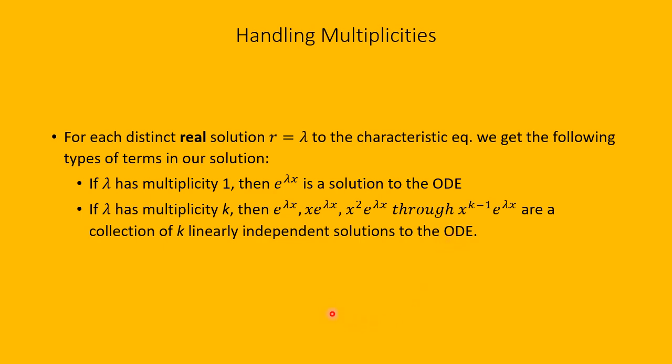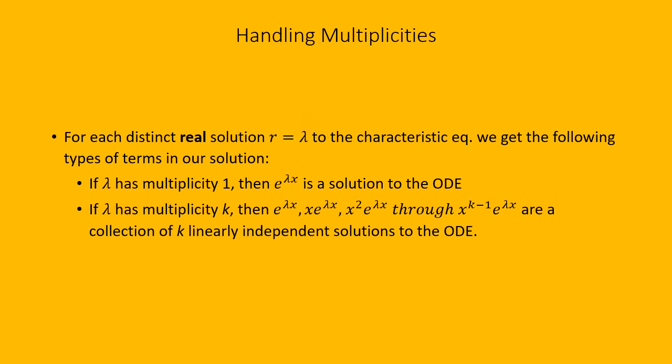So if we're writing out the general solution, in this case, we would have a linear combination of all of these types of functions. And so our solutions to the ordinary differential equation theoretically could have many terms.